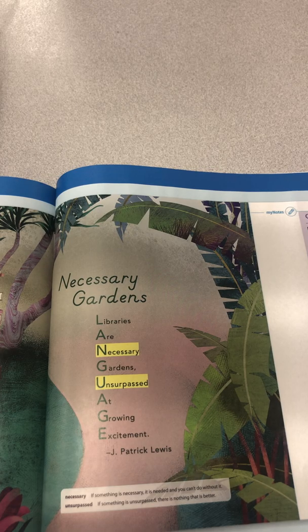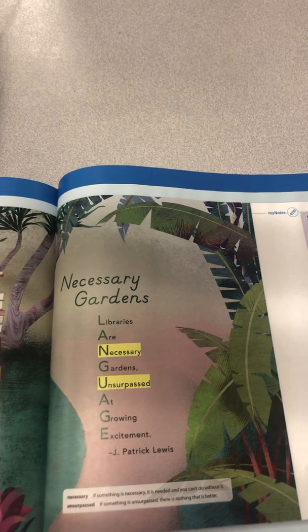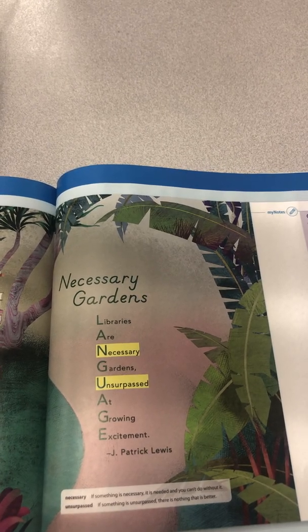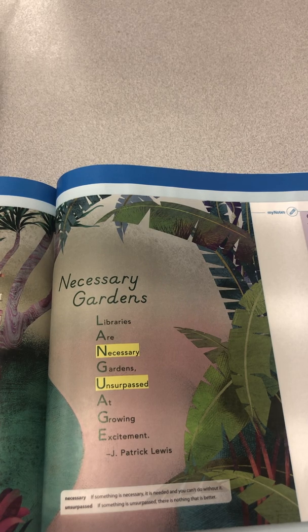Well, what's the whole poem about? Not The Art of Poetry. We're looking at just Necessary Gardens. What are they comparing in the poem, Necessary Gardens? Libraries to gardens. It uses a metaphor to compare a library to a necessary garden. Because libraries are filled with wonderful books, and the best way to grow excitement about literacy in young readers.